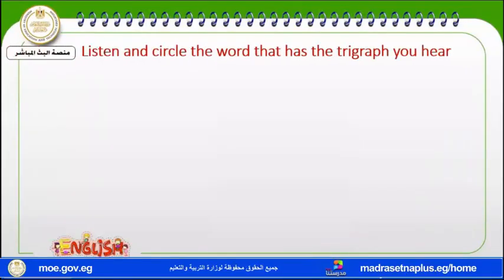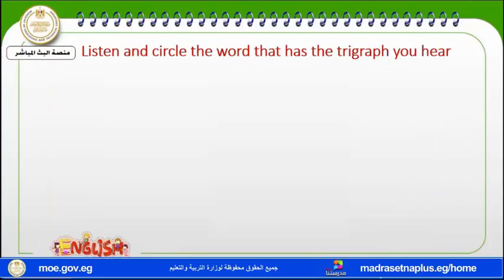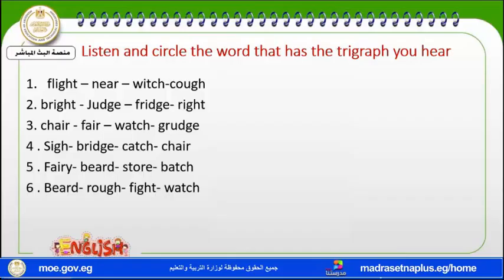Now, let's have a look again at the examples and the trigraphs and how they are sounded and pronounced in order to do some practice. You are going now to listen to some words, and while you are listening, try to think about which word has the trigraph you hear. We have this group of words. The first one is flight, near, which, cuff.